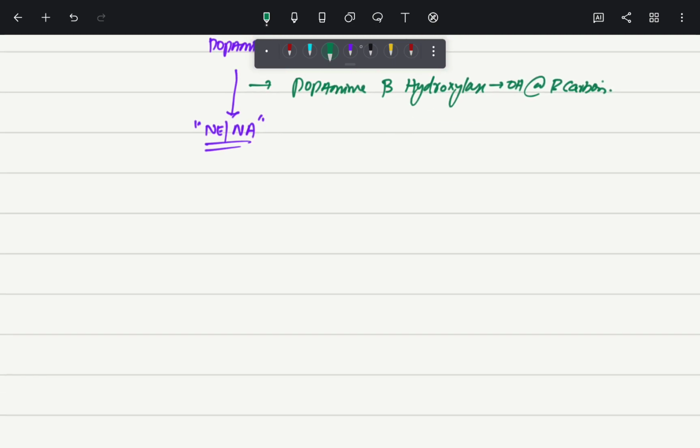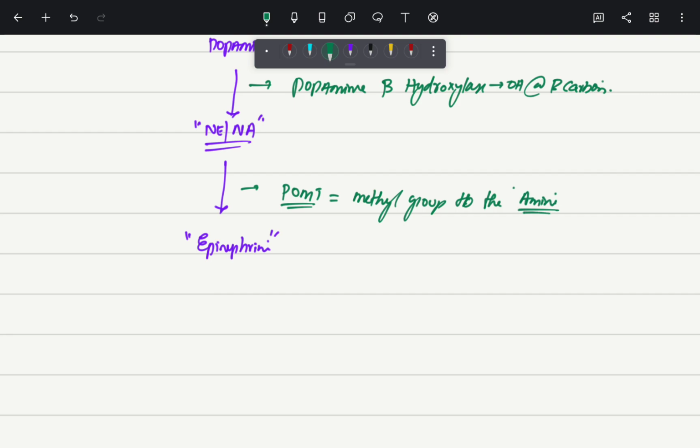And finally norepinephrine was getting converted into epinephrine by the enzyme phenylethanolamine methyltransferase, which was adding a methyl group to the amine. Okay, so this was about the synthesis.